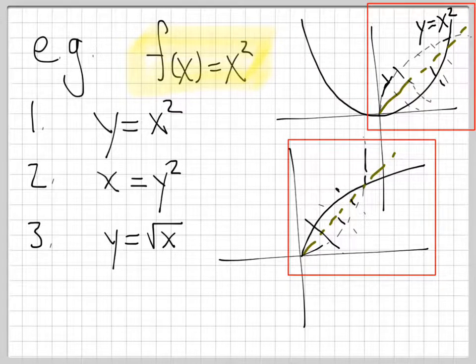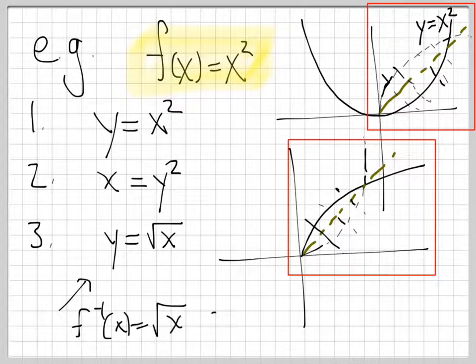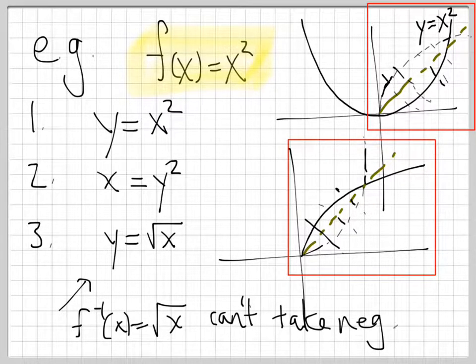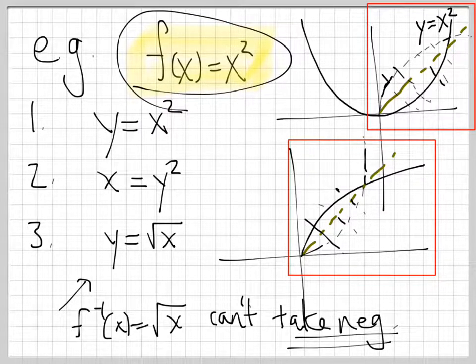And so you should notice that the domain of f inverse of x equals radical x can't take negatives. And the reason why it can't take negatives is because x squared can't make negatives. So what one can't take, the other can't make. So that's really important.